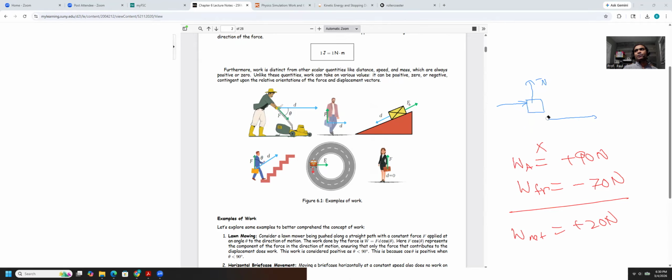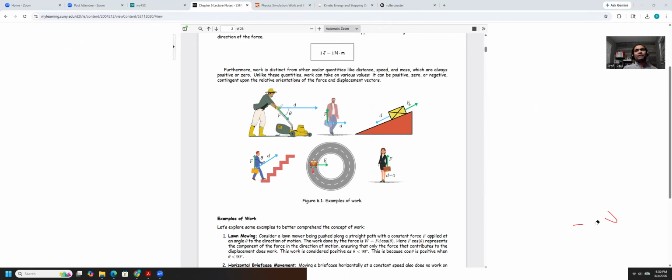So it's basically similar to the superposition principle. When we have more than one force, we have to add them together using vectors. But work done is not a vector, so it's basically just adding them together. Okay, but we have to be very careful of using the cosine theta, thus work done can be positive or negative.